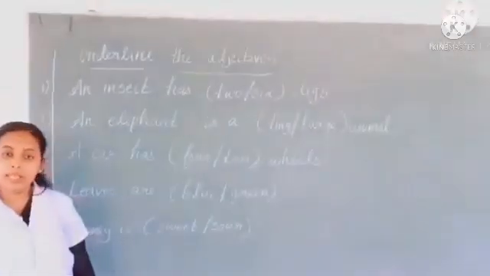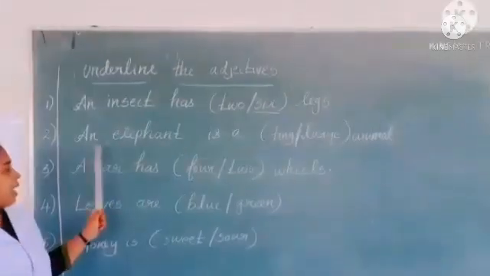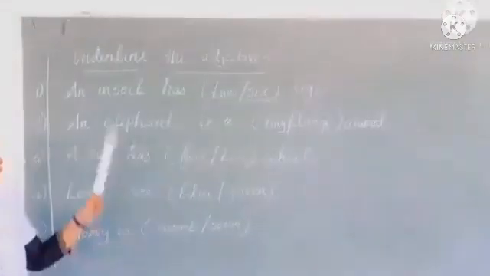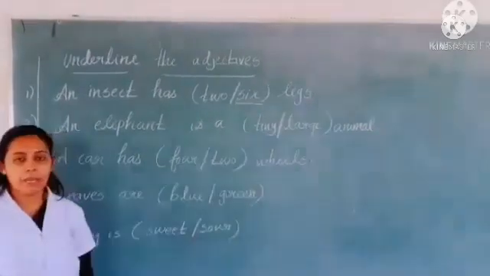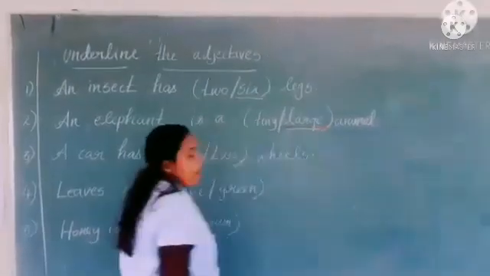How many legs? Yes, 6. Second one, an elephant is a tiny or large animal. Which is adjective? Yes, large. It shows the size of the animal.